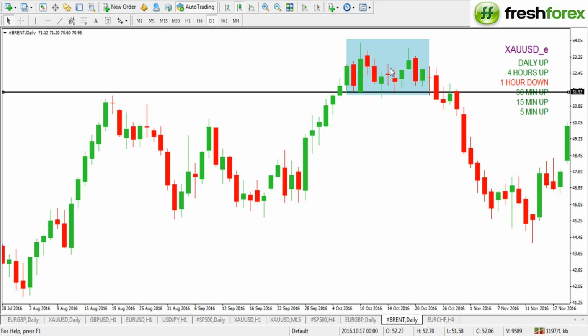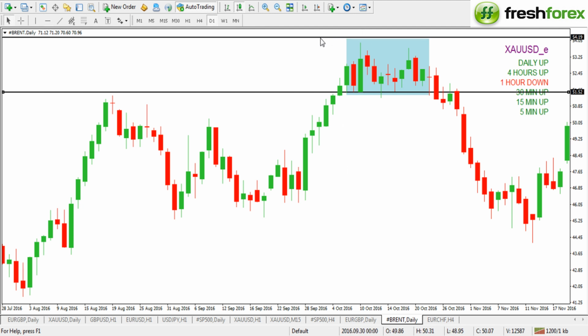Your stop loss in this case should be above this point, should be above this level.